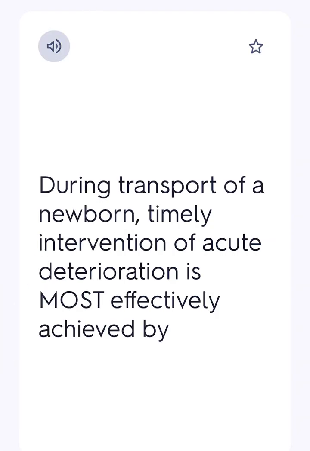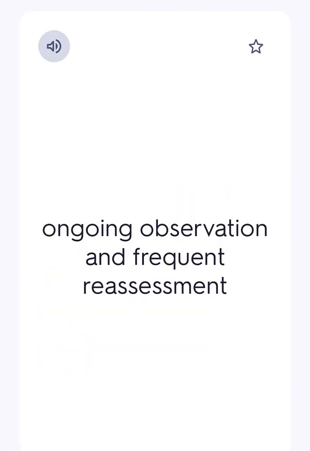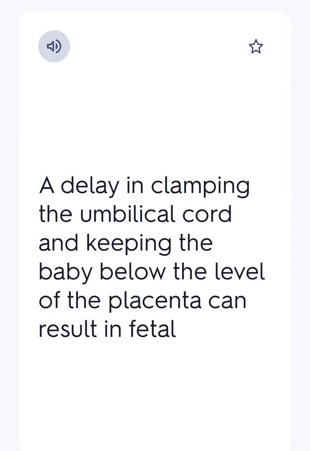During transport of a newborn, timely intervention of acute deterioration is most effectively achieved by ongoing observation and frequent reassessment. A delay in clamping the umbilical cord and keeping the baby below the level of the placenta can result in fetal polycythemia.